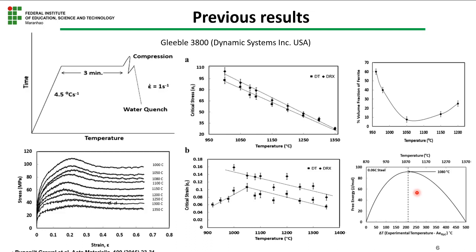It means that at this temperature the minimal quantity of ferrite could be formed. This is also interesting because here is the minimal amount of ferrite that was formed, and here is the maximum critical strain to initiate the onset of dynamic transformation. So this is a very interesting result that we found using the Gleeble 3800 machine.